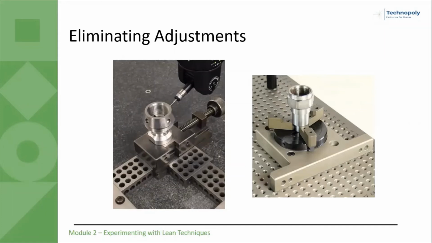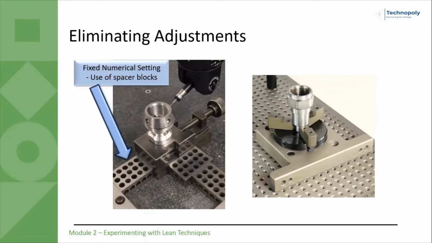Examples are the use of graduated scales, gauges, shims, and spacer blocks with fixed numerical dimensions to set a distance reliably each time. For example, here in this photo, a spacer block is used to set up a component for inspection in a coordinate measuring machine.